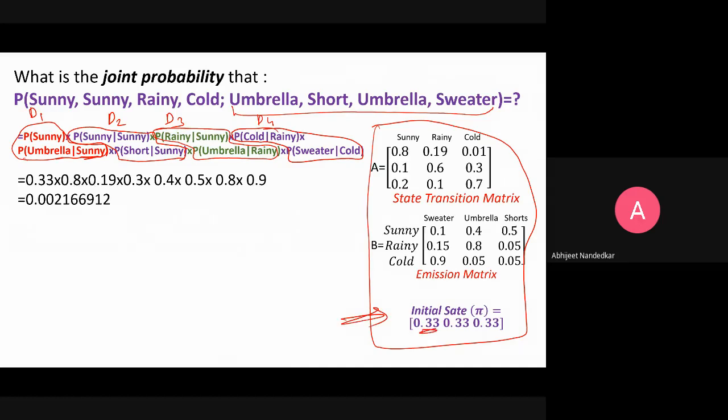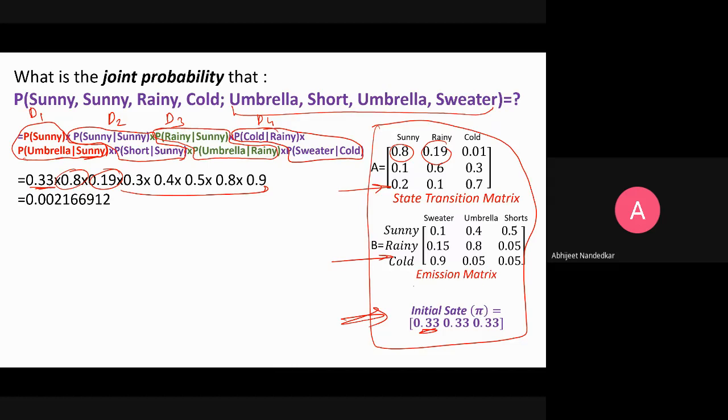So I can see there it is 0.33. Then the next, sunny to sunny, is 0.8. Then rainy to sunny, sorry, sunny to rainy, this is 0.19, and so on. So if I substitute everything from these two tables, that is the state transition matrix and the emission matrix.